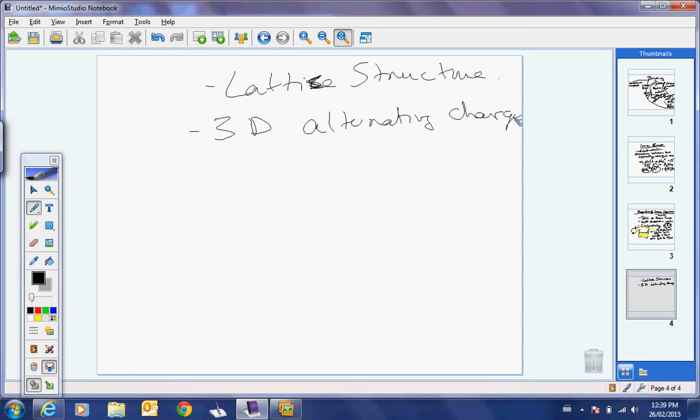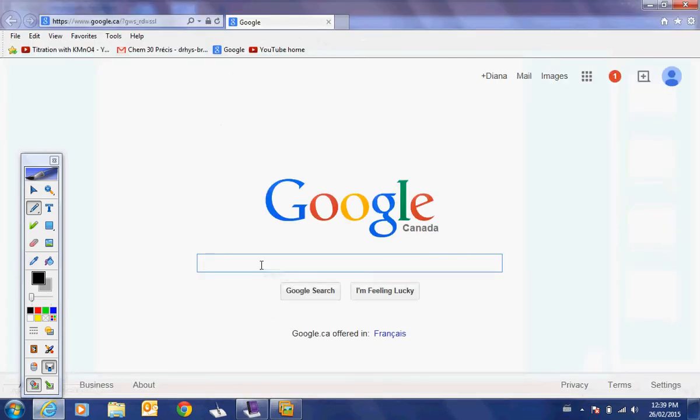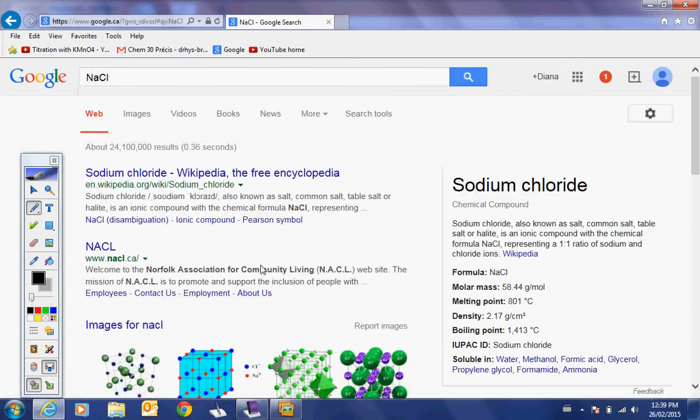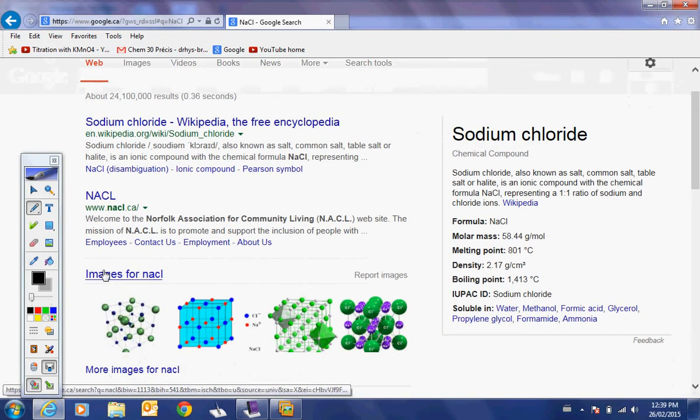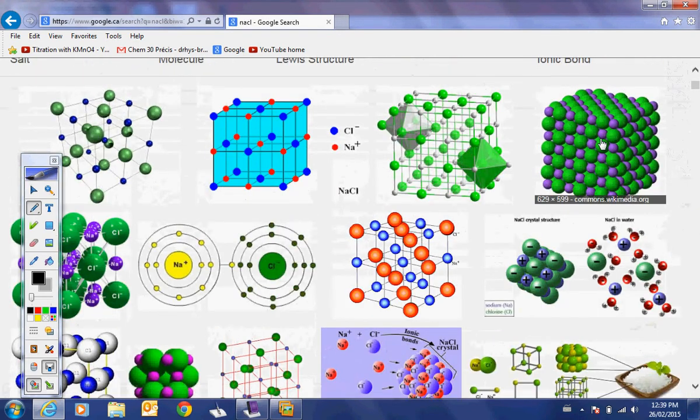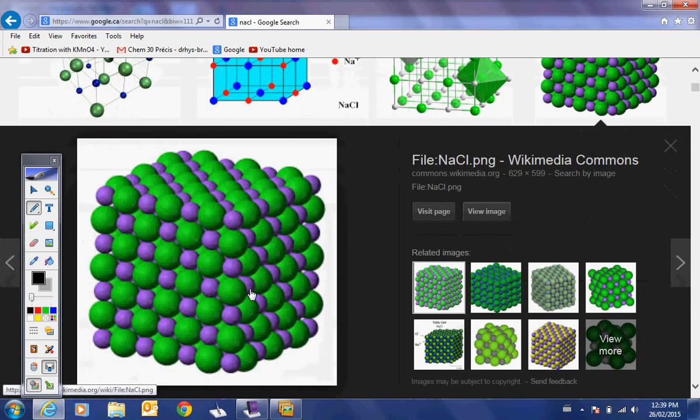And just for a second, what I'm going to do is I'm going to switch over to Google, and I'm going to Google sodium chloride for you. And I'm going to look at these images, and I'm going to show you this image here and this image here. We'll start with this one because I think it's kind of the nicest.